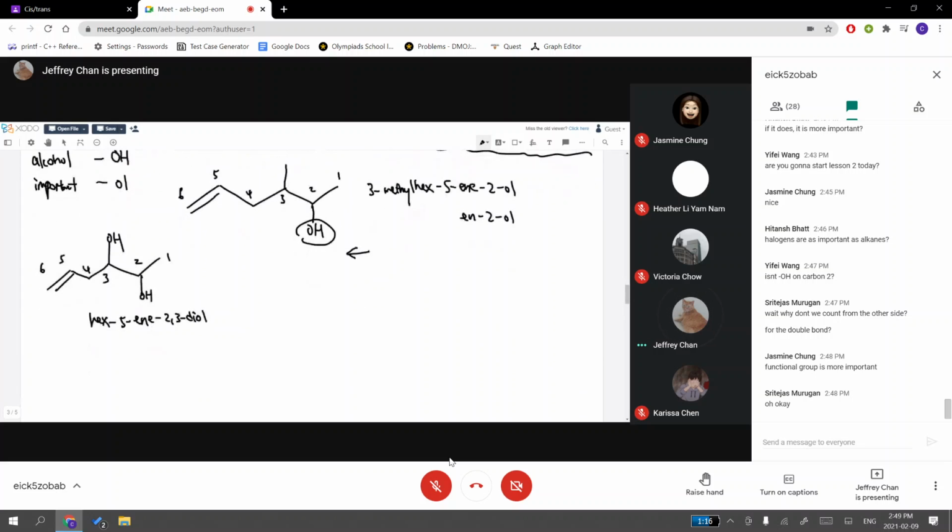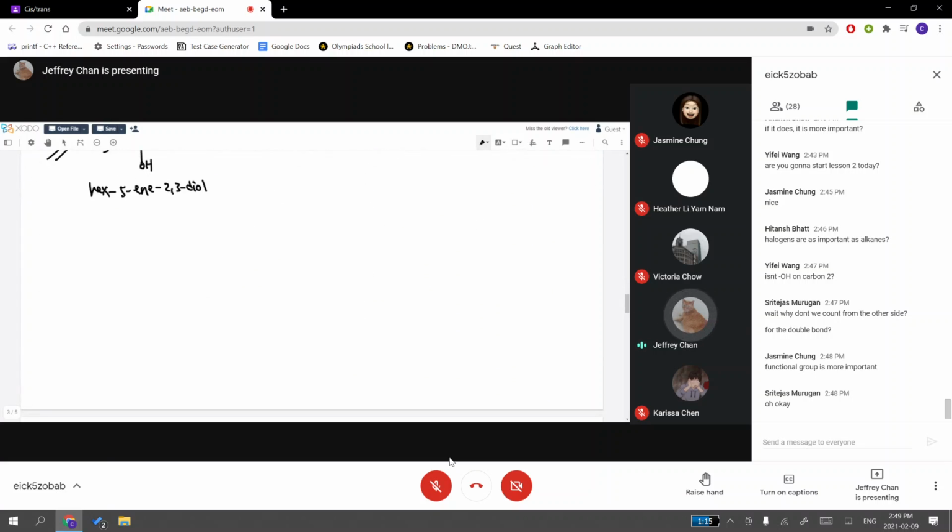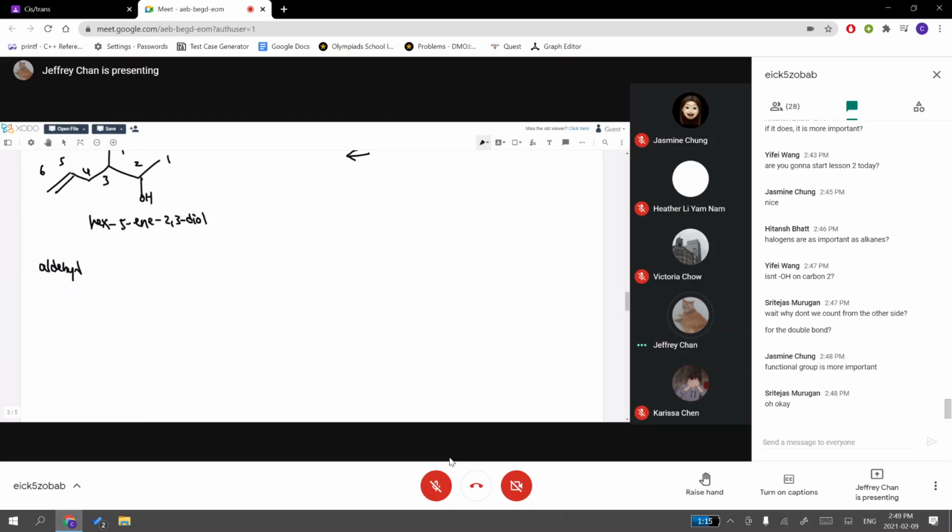Okay, so the next one is what we call an aldehyde. Aldehyde is a double bonded oxygen attached to a carbon. All right, double bonded oxygen attached to a carbon. And it is always at the end.